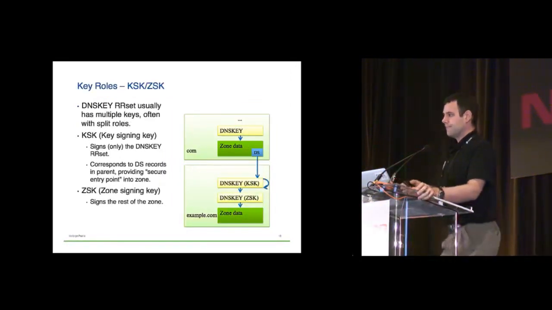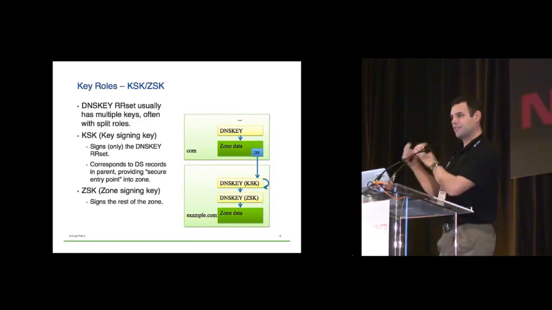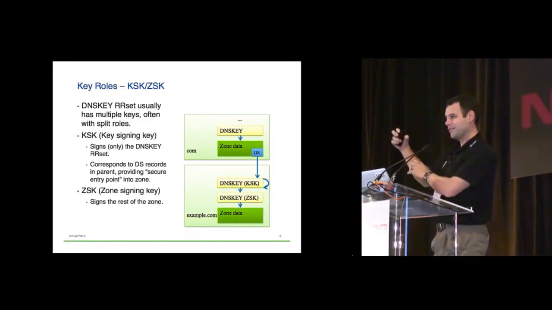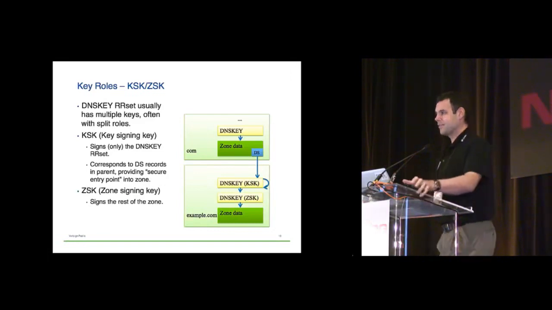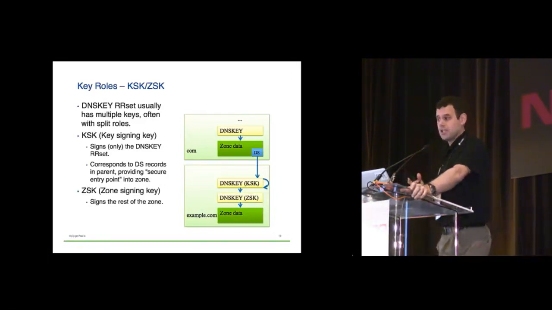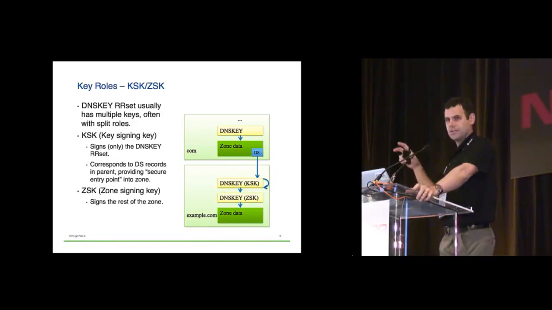So now that I've said how simple it was, you just have a key and then a DS record above, the truth is that oftentimes you'll have multiple keys, and they'll have different roles. One key will essentially authenticate the other key, which will authenticate the zone data underneath, the address records and so forth. When you split roles, typically the two roles are key signing key and zone signing key.